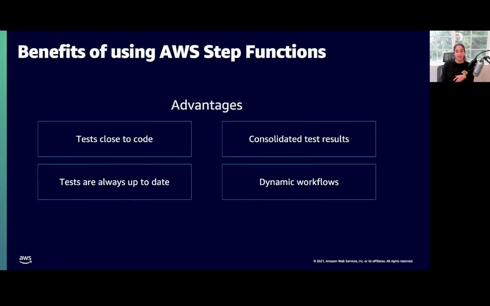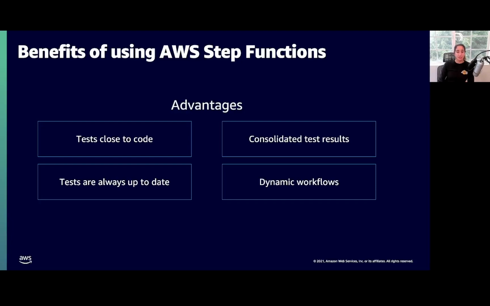Some advantages are that we have consolidated test results that can be propagated to dashboards or email reports. You can use all of those service integrations with Step Functions to configure notifications or remediation actions depending on how severe those issues are. Step Functions also allow you to orchestrate the tests not just in parallel or in series.